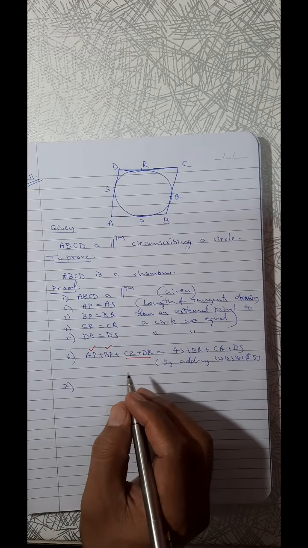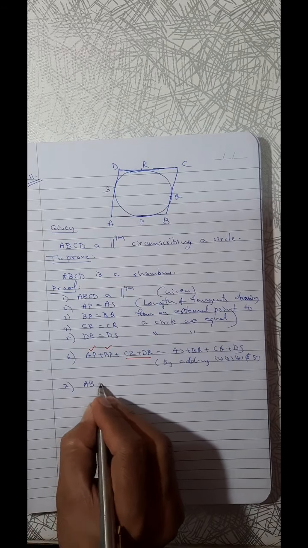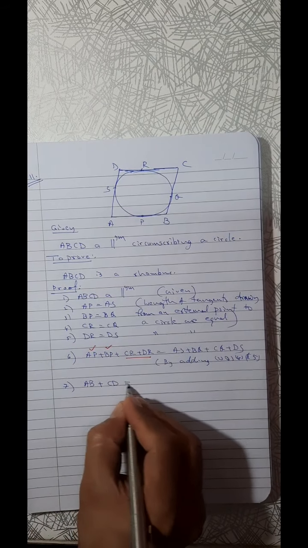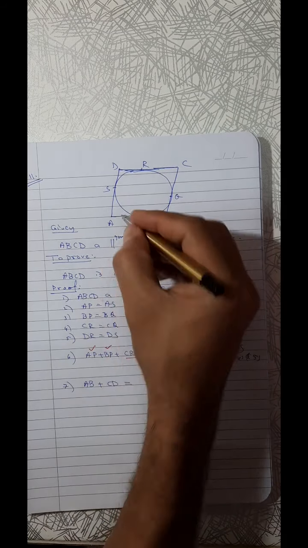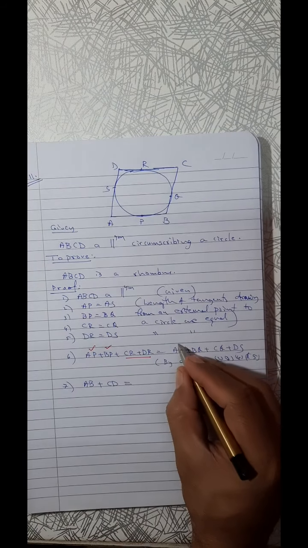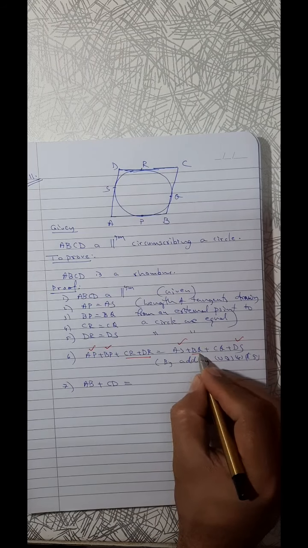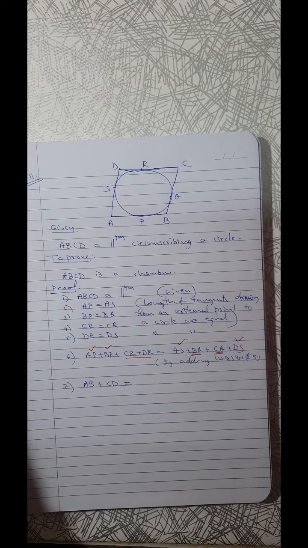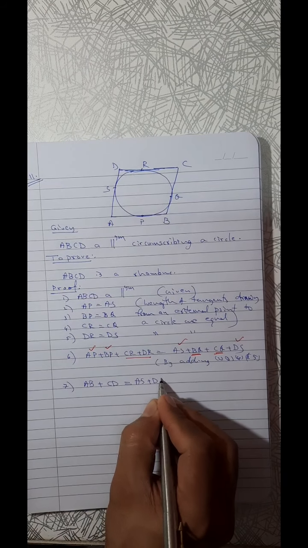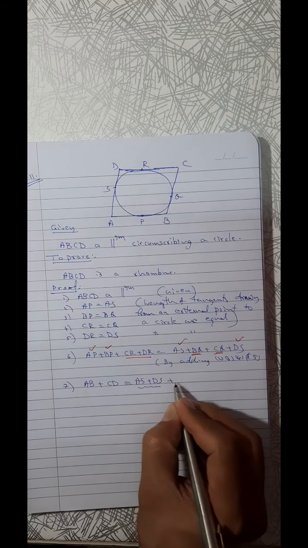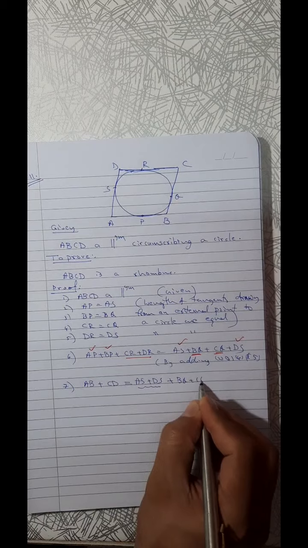So bringing it together, AB plus CD equals AS plus DS plus BQ plus CQ, keeping AS plus DS together and BQ plus CQ together.